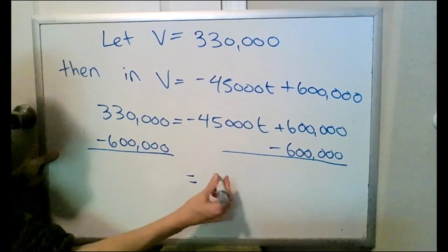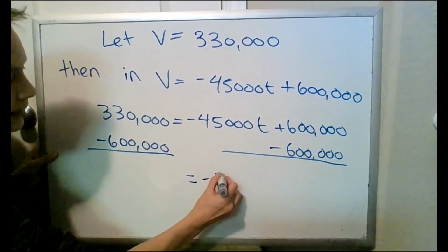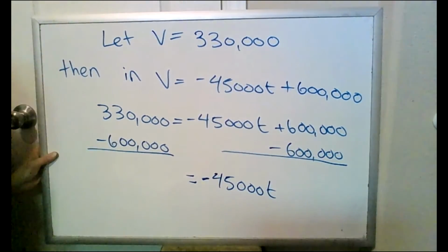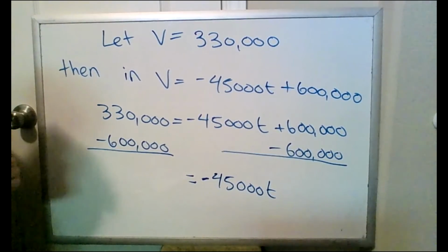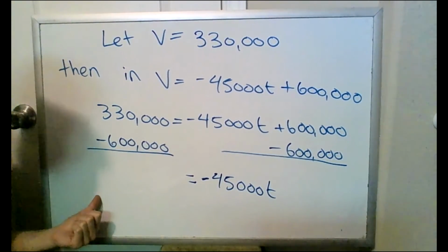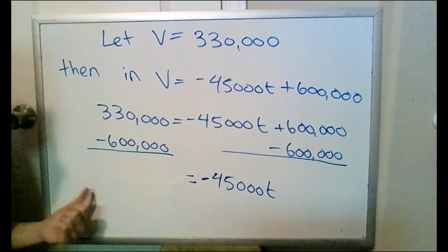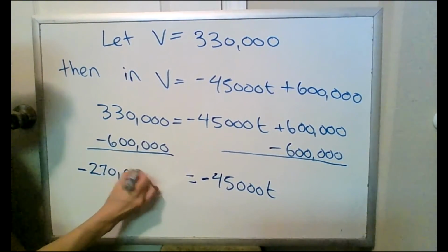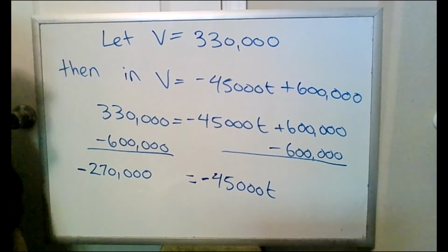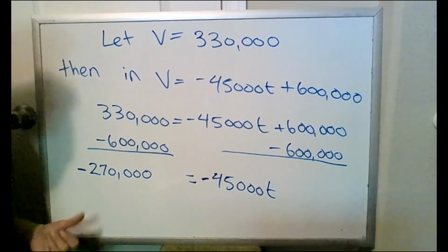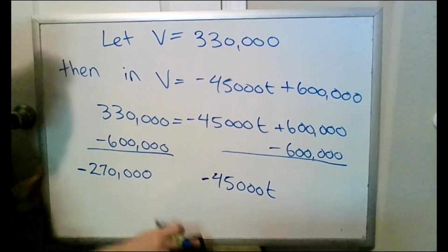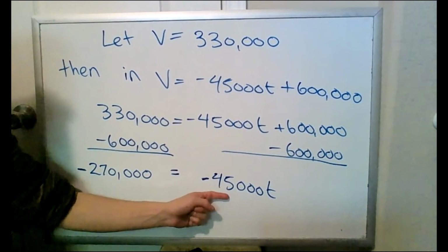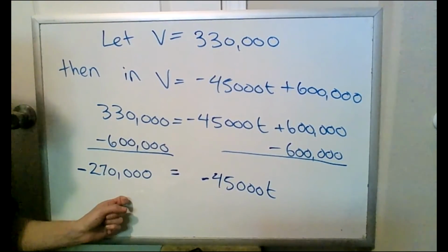This side, I've still got my negative 45,000 t. And on this side, it's negative 270,000. Of course, if you see any mistakes or think that something's gone wrong, please let me know. To solve for t, we need to divide each side by negative 45,000.